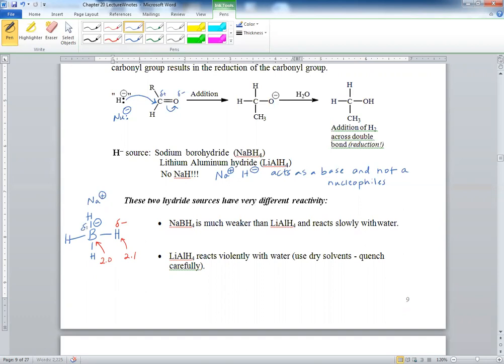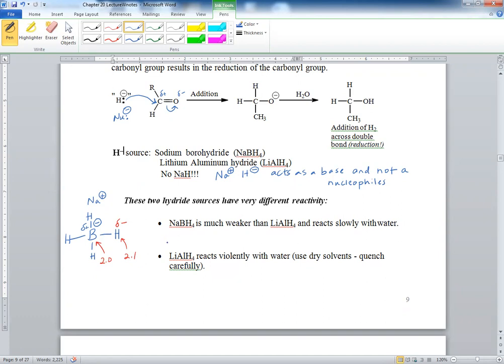This is interesting because you're talking about two different things: electronegativity, and here the formal charge. So you can see that the hydrogen has the upper hand in terms of electron density. It's pulling electron density toward it.